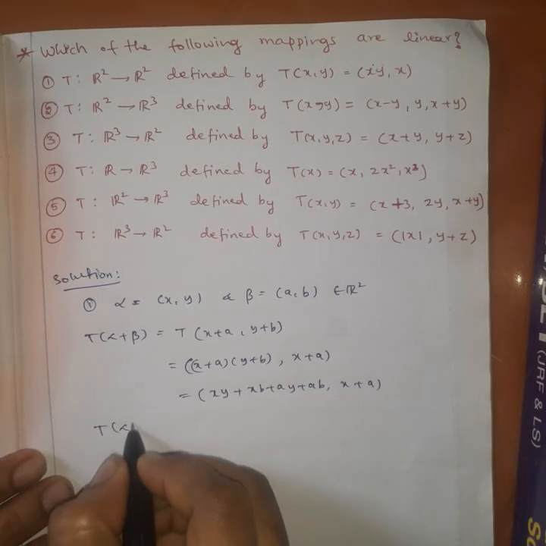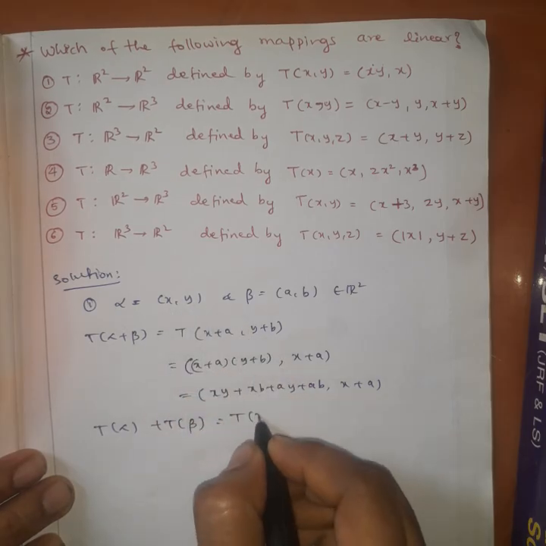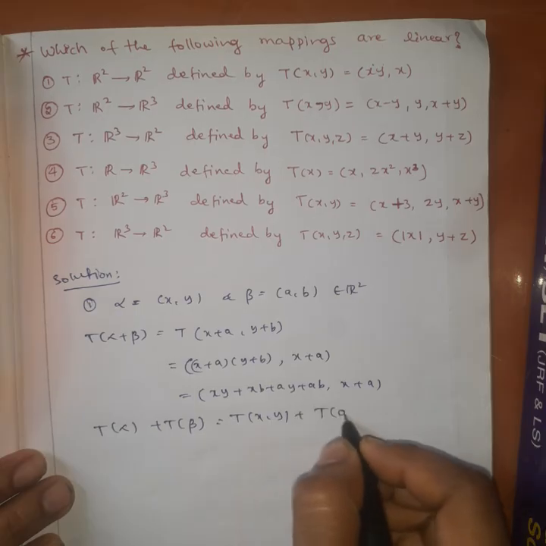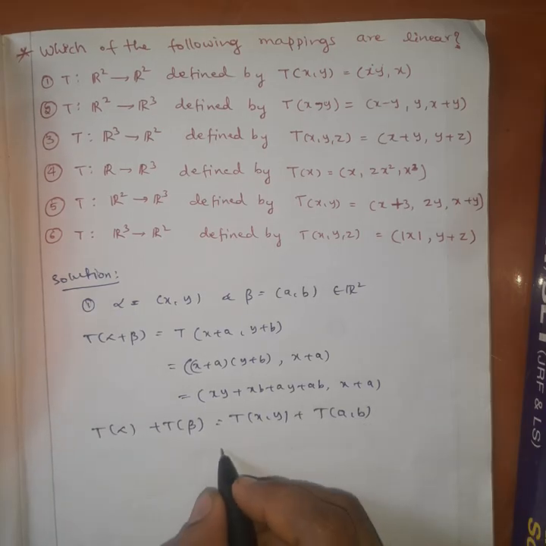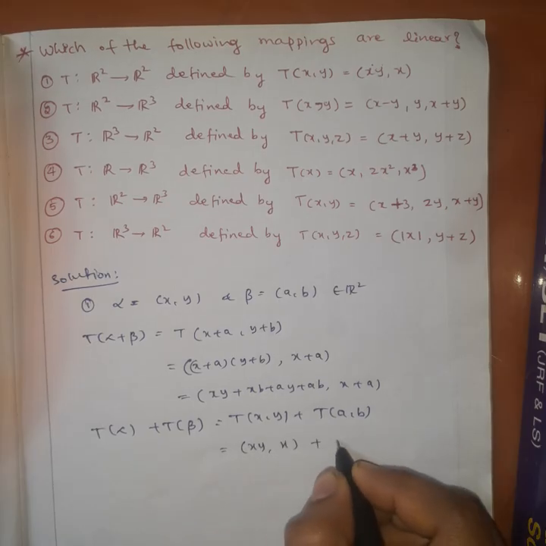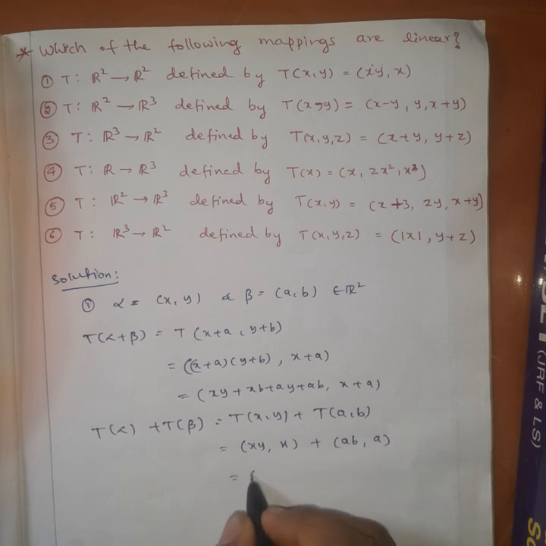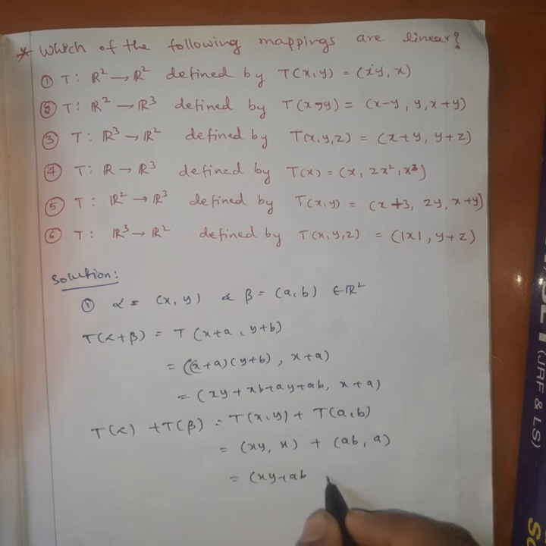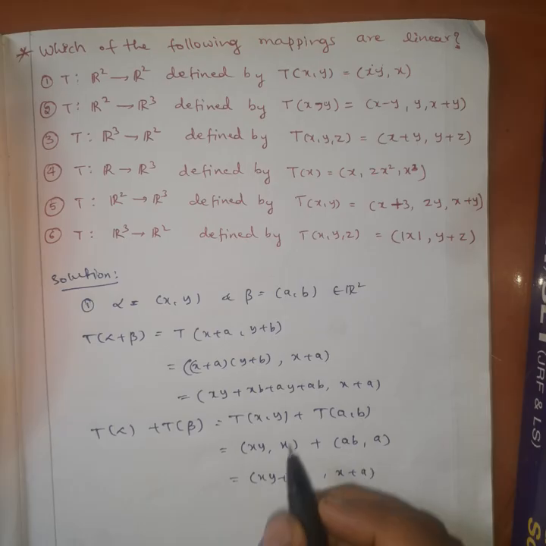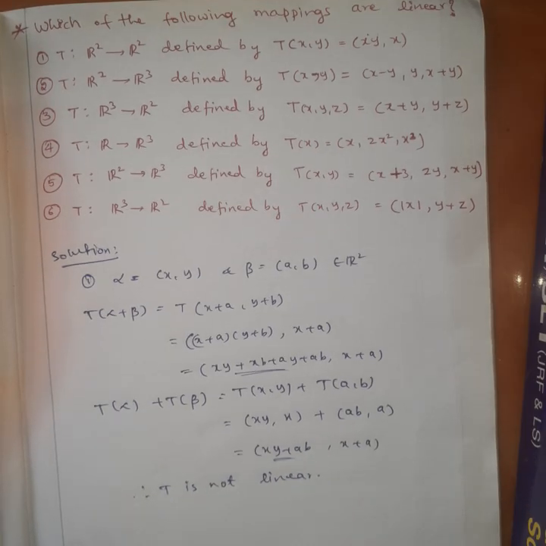Now what about T of alpha plus T of beta? T of (x, y) plus T of (a, b). T of (x, y) is (xy, x), and T of (a, b) is (ab, a). Adding, I get (xy plus ab, x plus a). So here the first coordinates are not the same, therefore T is not linear. The addition property fails here.